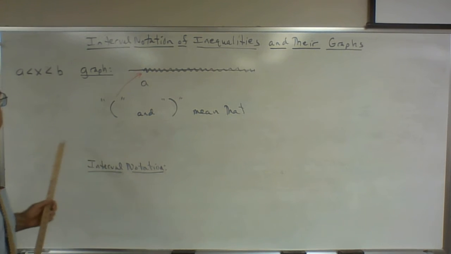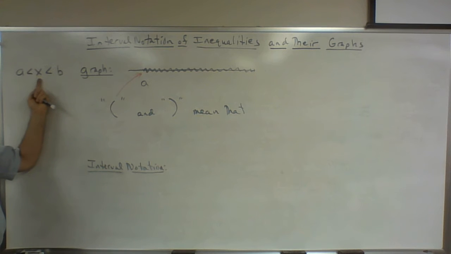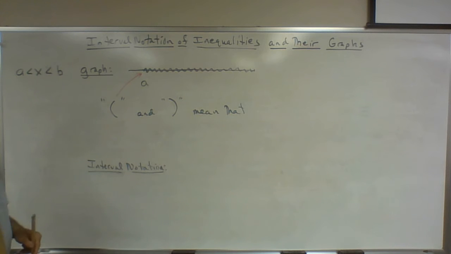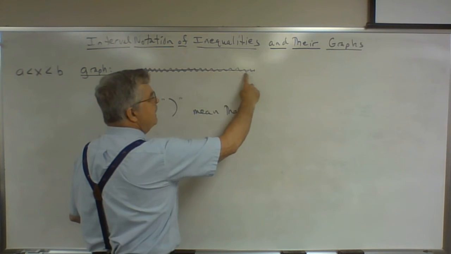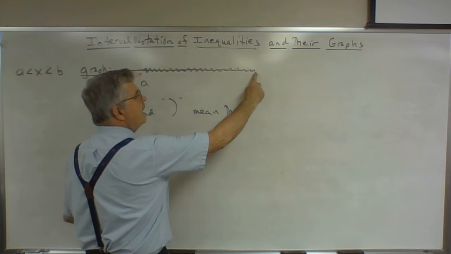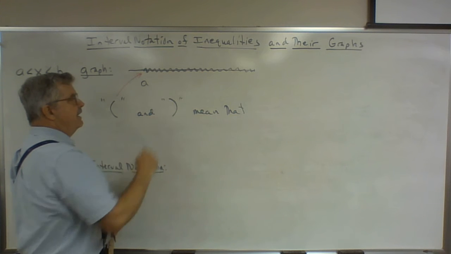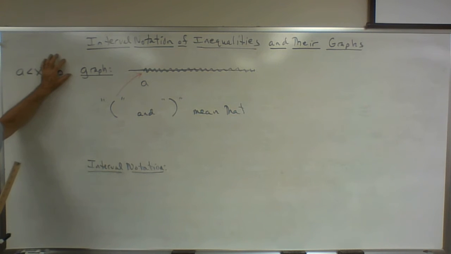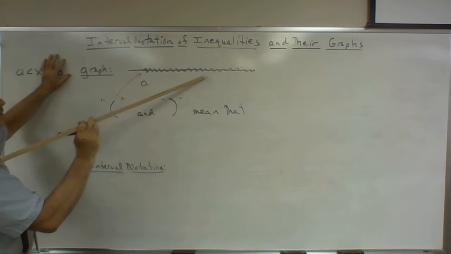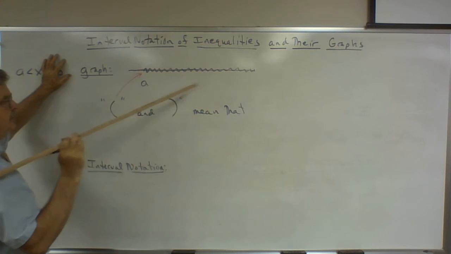Another example, and we'll just start right off with referring to the variable x. X is greater than A, and x is less than b. So all of these points in the shaded area that lie to the right of A are values that are greater than A. So just looking at this part of the inequality, x is greater than A. All of the number line to the right of A is a solution.